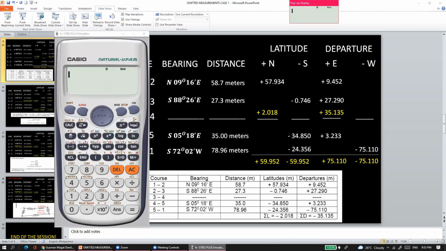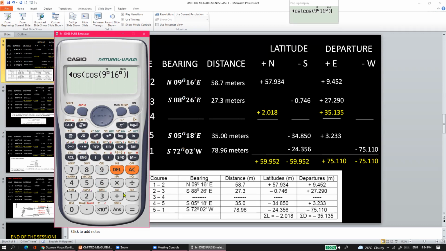If I'm going to calculate, remember for latitude, let us see. First, I'm going to type the distance of 1-2. For line 1-2, we have 58.7. Then I'll take the cosine, and then I'll type 9 degrees, 16 minutes, and then close.